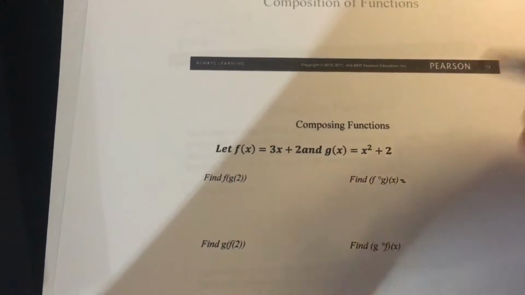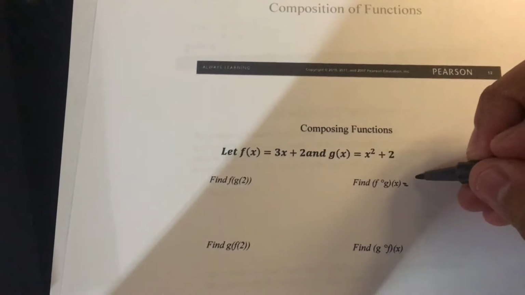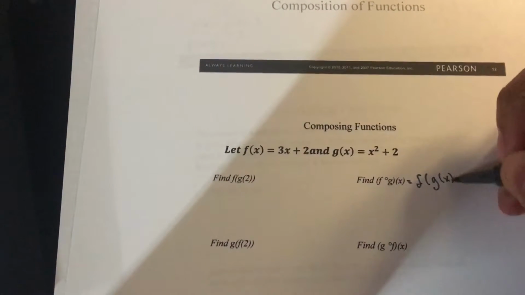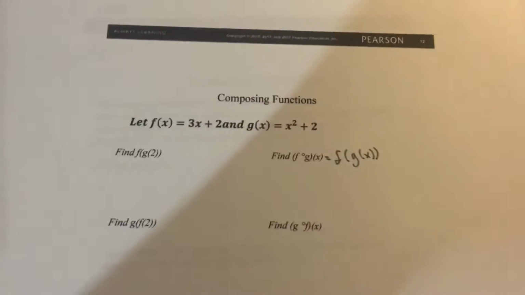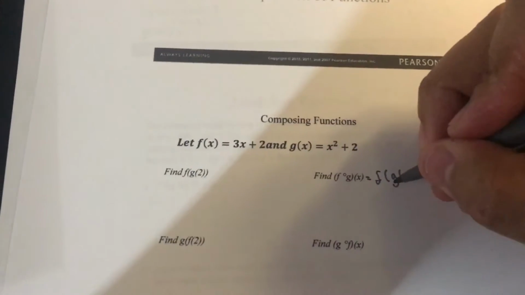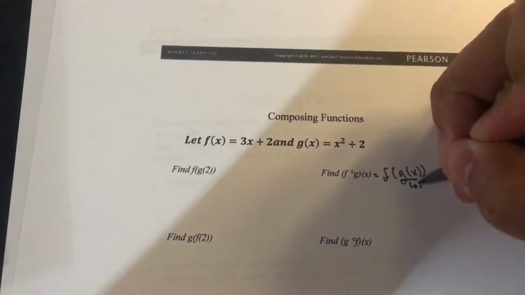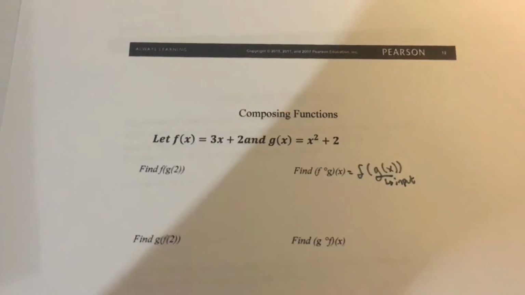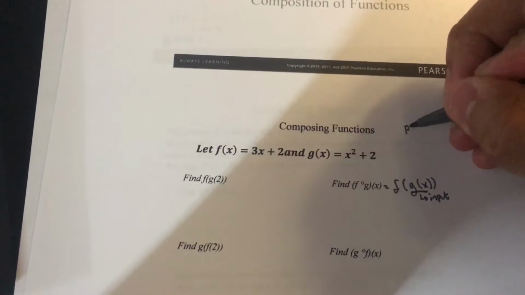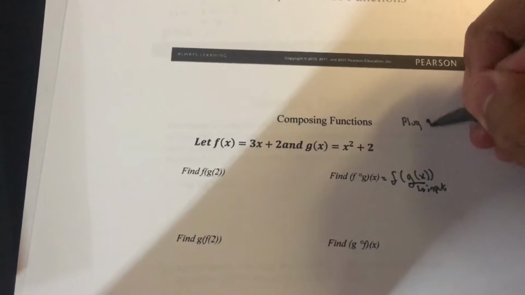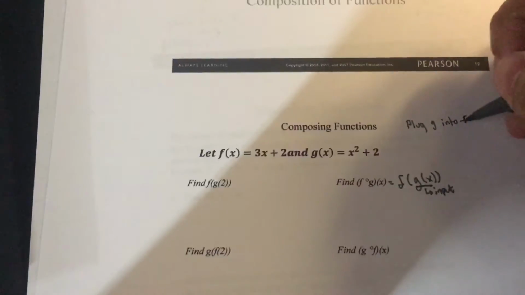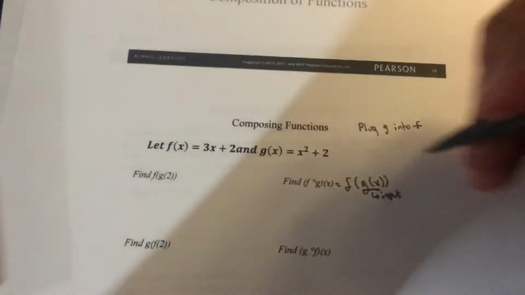This says F of G of X. The F is on the outside, the G is on the inside. This is my input, and the F is the output. In the first one, I'm plugging G into F.